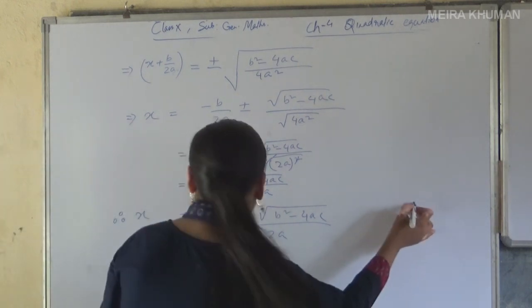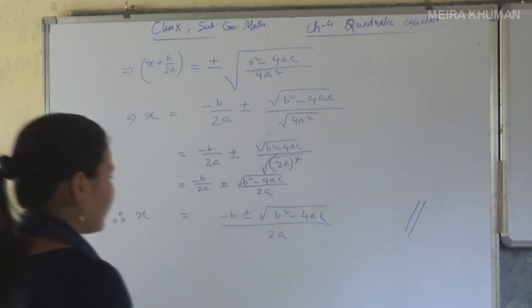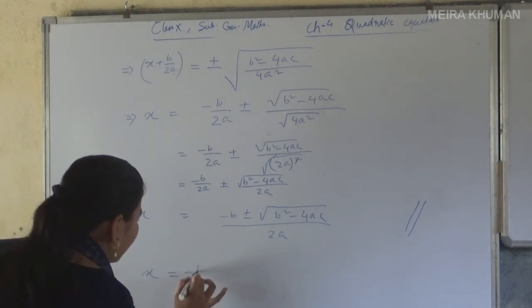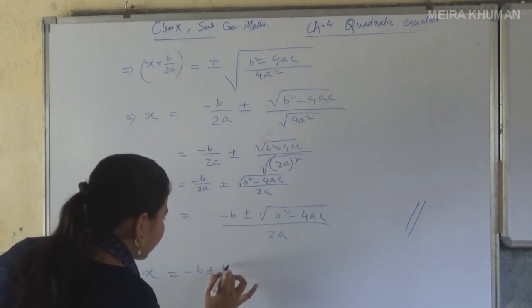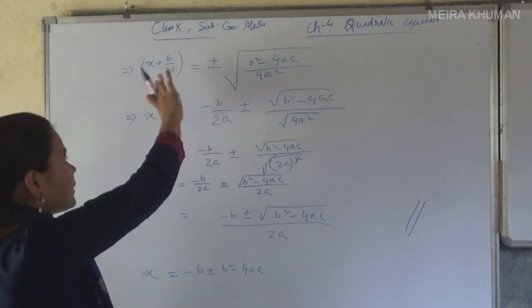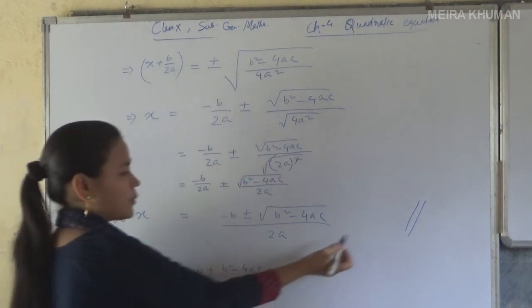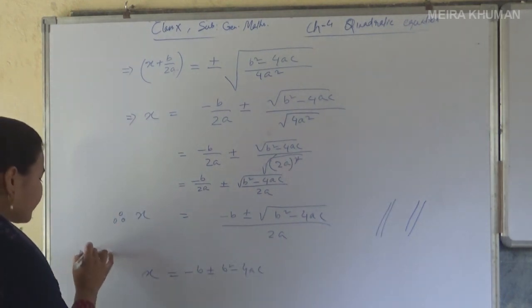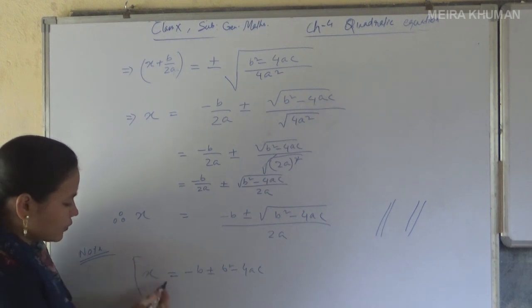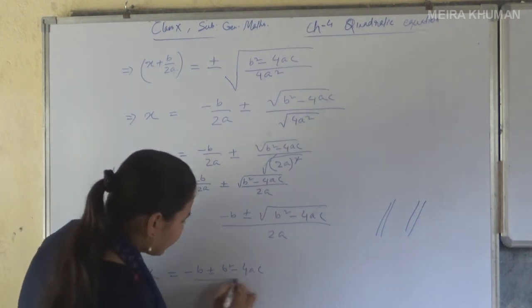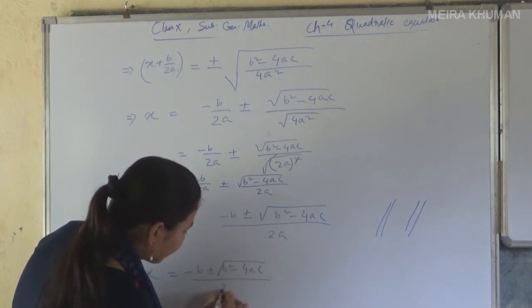So in the completing square method you should use it in this way. Again this value is called the quadratic formula: x equals minus b plus or minus root of b² minus 4ac. In the completing square method you should use it up to this. Then note this term: x equals minus b plus or minus root of b² minus 4ac by 2a.